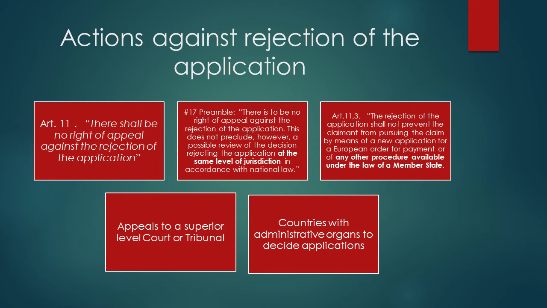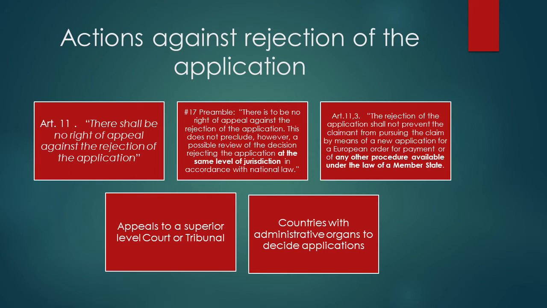Well, I'm not sure in Spain what it means, the same level of jurisdiction. You are not allowed to appeal to the same, I don't know, a sidekick jurisdiction. I don't know exactly what it means, because in Spain, and I'm referring to my country, we don't have this possibility of challenging a judicial decision at the same level of jurisdiction.